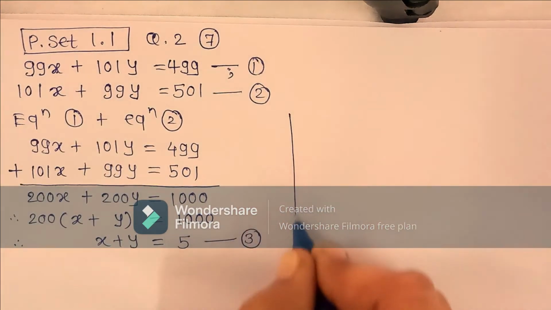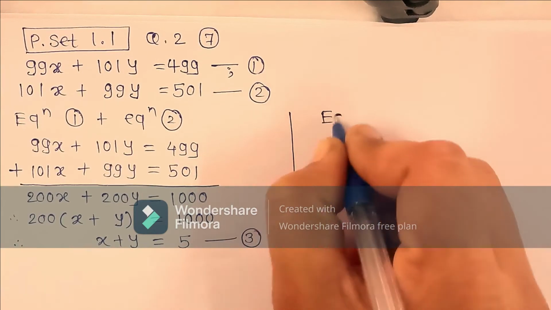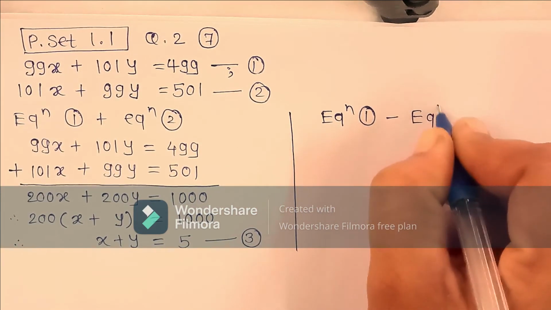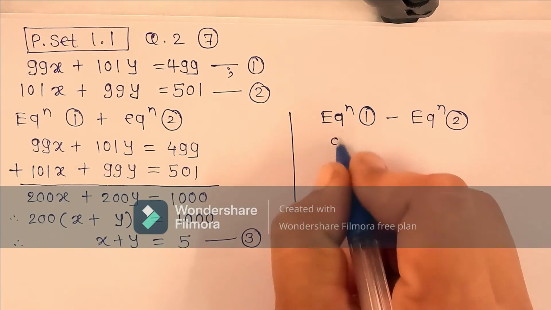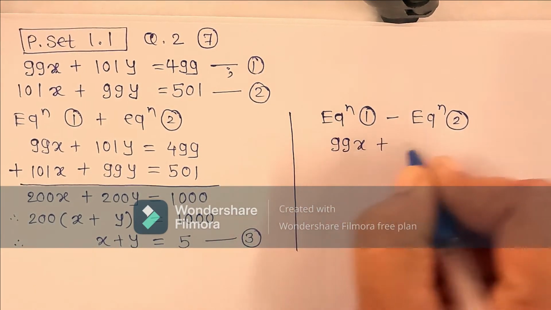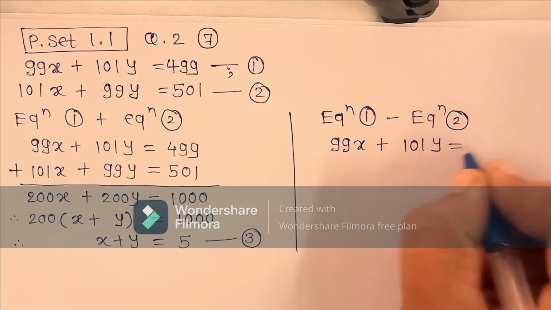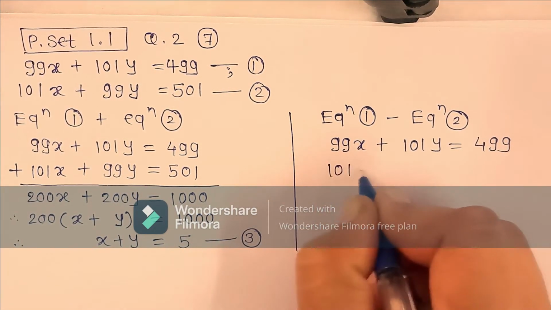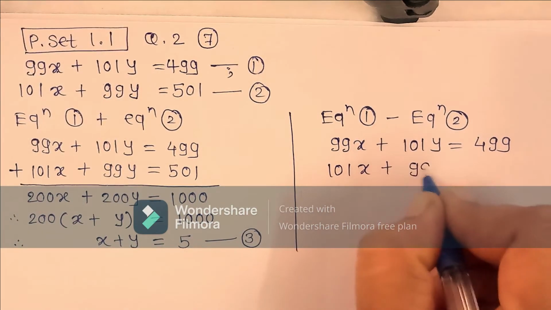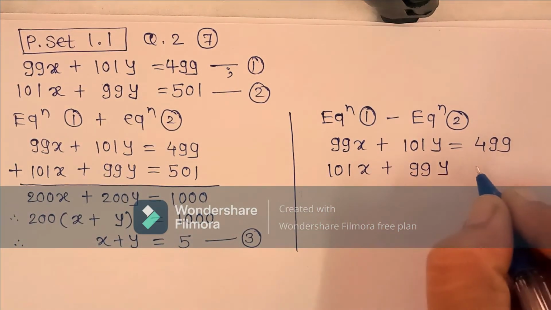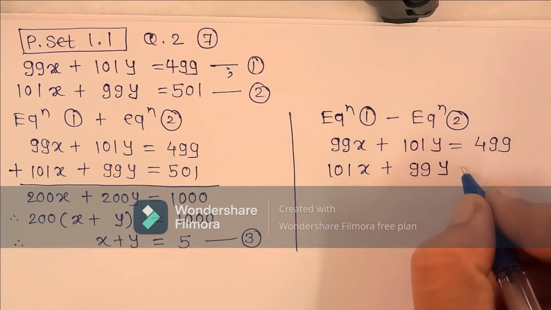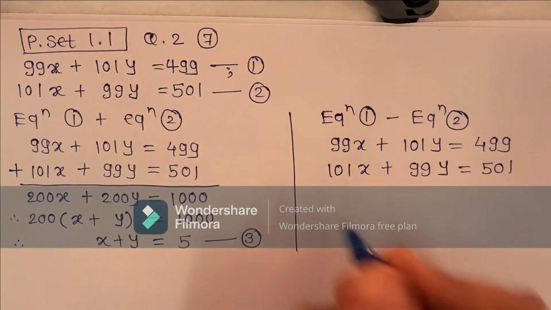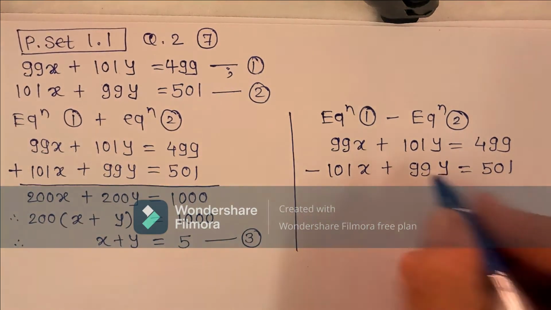Then in the next part, we will have the subtraction of equation 1 and equation 2. So 99x plus 101y is equal to 499. And second equation, 101x plus 99y is equal to 501. Now subtraction.